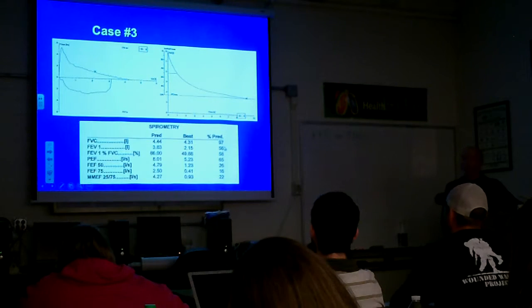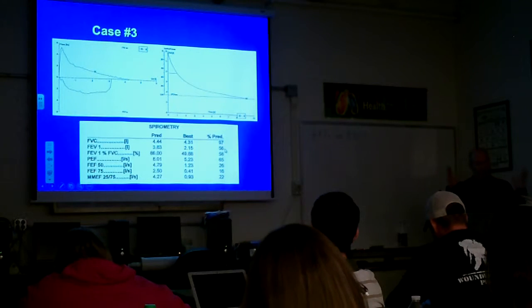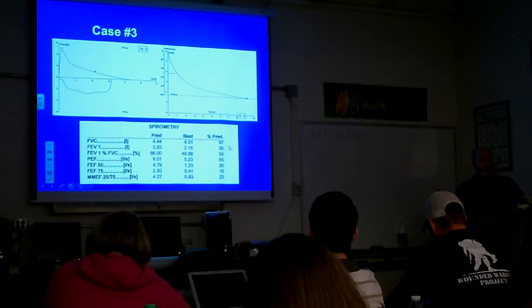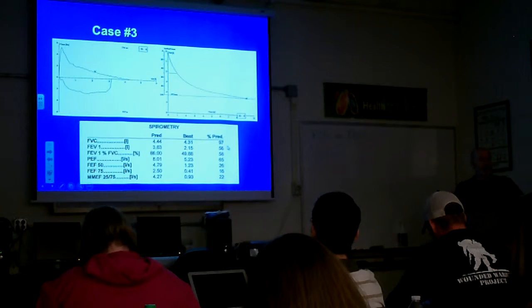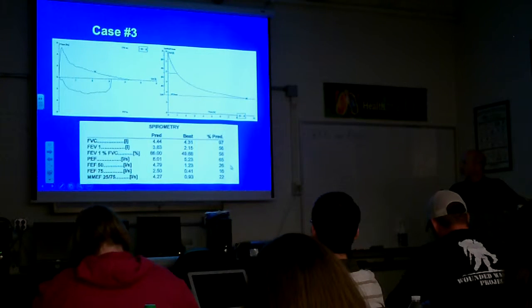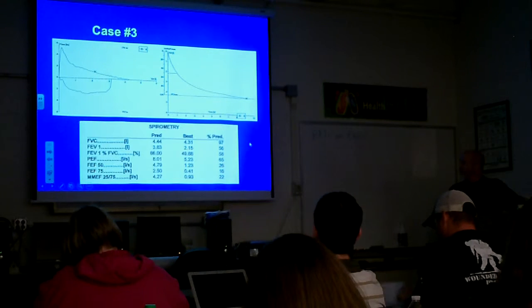So this would be moderate. Strictly speaking, if you had to put a specific grade on it, this would be Stage 2, moderate obstructive lung disease. Notice a lot of times this is really reduced too, so we'll move on.